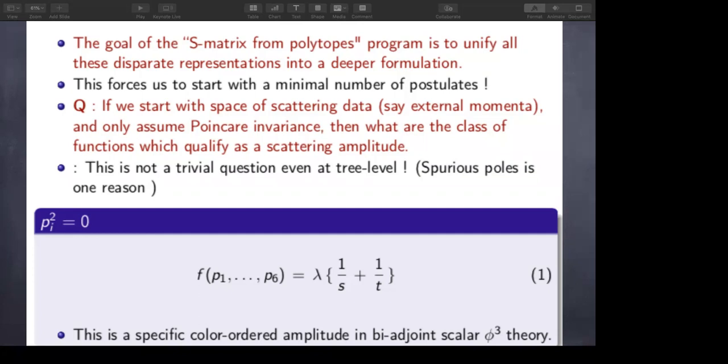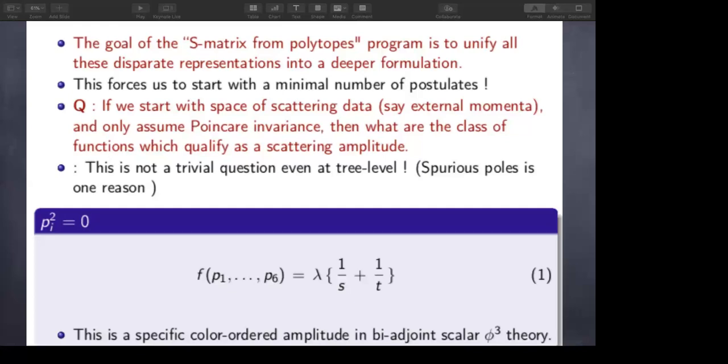And I should just point out that this question is actually not trivial even at tree level. People who are familiar with the BCFW representation know that we have a representation where the amplitude has spurious poles. If I just give you some function which has these spurious poles, it may not look like the S-matrix of a unitary local theory, but in the end it is.